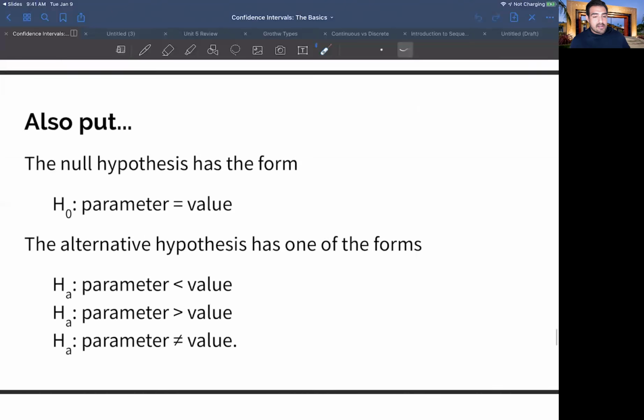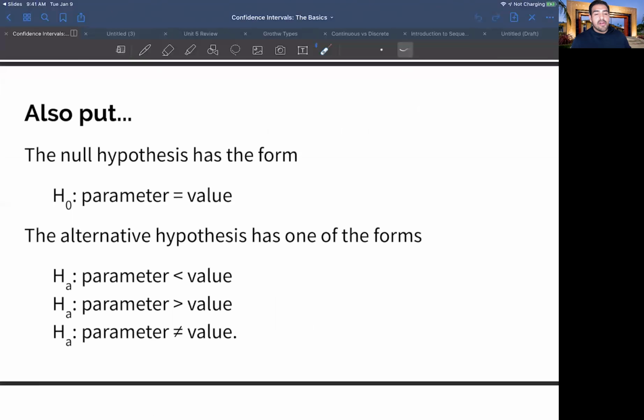So here's a little easier version to look at. The null hypothesis has the form: the parameter is equal to its value. So the King's Page claimed that the true proportion of kids who think candy corn is their favorite is 30%.